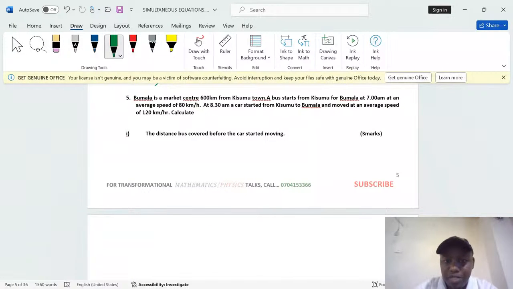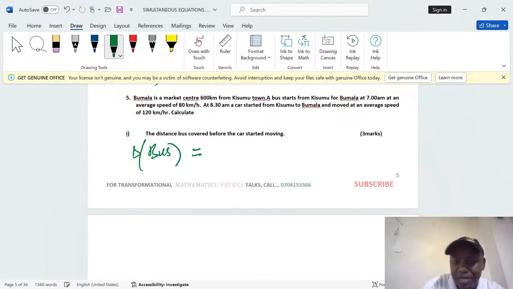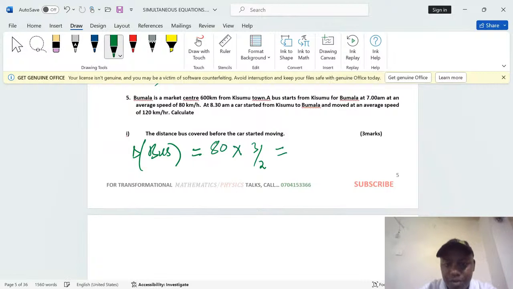Then we will talk about a time difference of 1 hour 30 minutes. 1 hour 30 minutes is 1.5 hours with the bus moving. So the distance covered by the bus, distance is usually given by speed times time. So a speed of 80 and time is 1 hour 30 minutes, which means 1.5, rather 3/2.